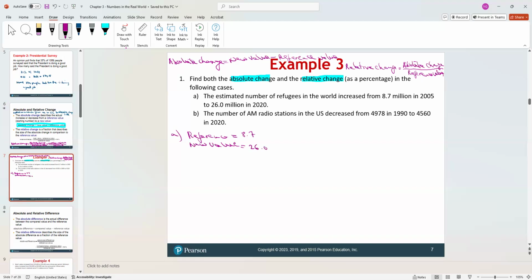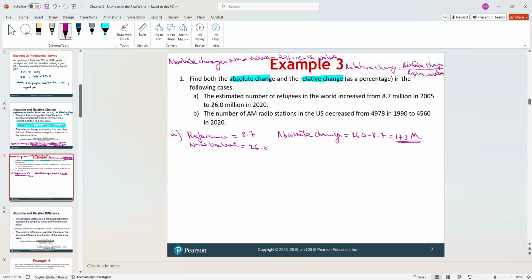Now, the absolute change, apologize for my handwriting, equals the new value, because we need to find the absolute change first: 26.0 minus 8.7. Using a calculator, you would find 17.3 millions. I put capital M for millions.